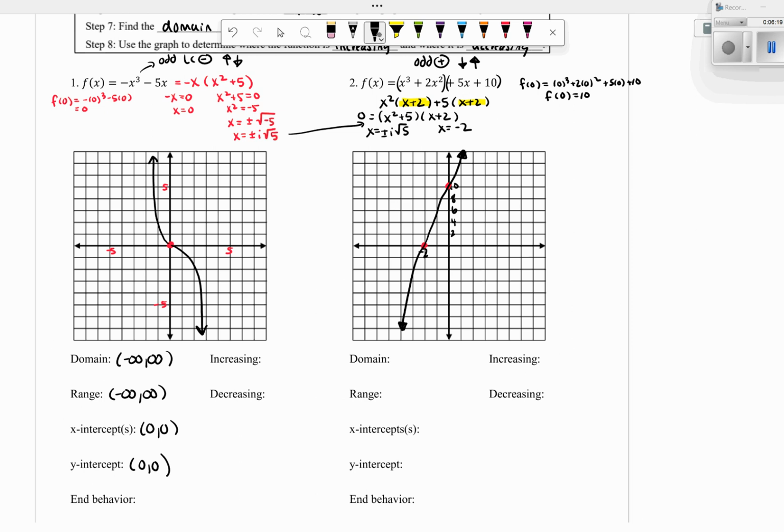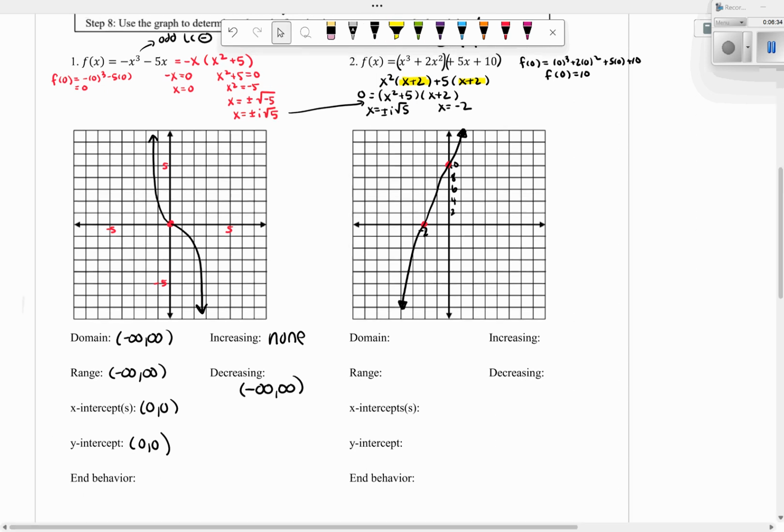And then we're increasing none. So notice as we look from left to right on our graph, our y values are going down the entire way. So increasing is none, and decreasing would be from the interval negative infinity to infinity.